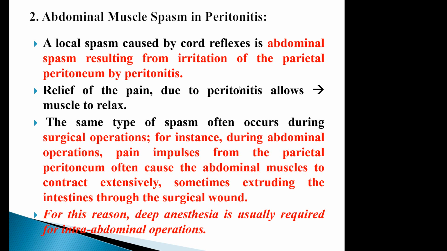The same type of spasm often occurs during surgical operations. For example, during abdominal operations, pain impulses from the parietal peritoneum often cause the abdominal muscles to contract extensively, severely, sometimes extruding the intestines through the surgical wound. For this reason, deep anesthesia is usually required for intra-abdominal operations.